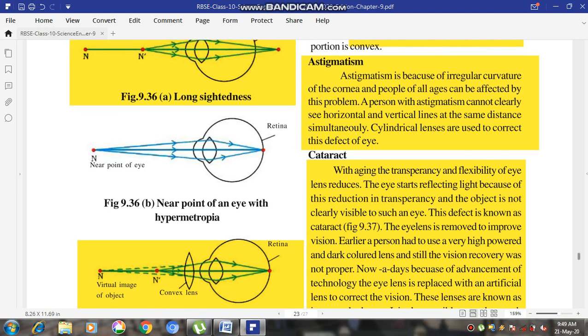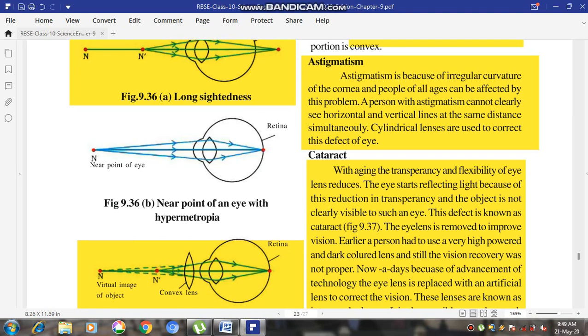Next is astigmatism. Astigmatism is because of irregular curvature of the cornea. People of all ages can be affected by this problem. The cornea of normal people is round in shape, but for genetically affected people, the cornea sometimes becomes cylindrical.